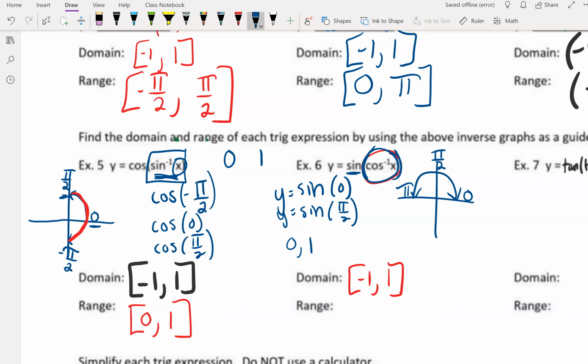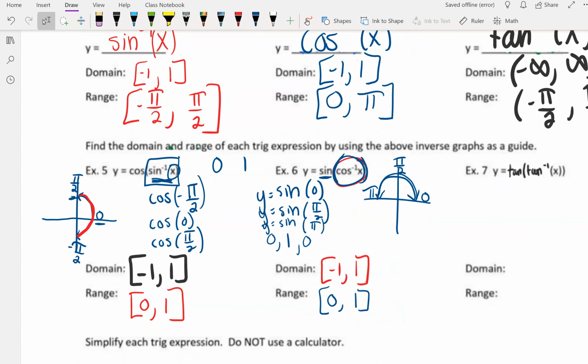And then let's also do sine of pi. Well, sine of pi is also 0. So everything that we get out is going to be something between 0 and 1, so that's going to be our range. You're never going to get a -1 or anything below that.